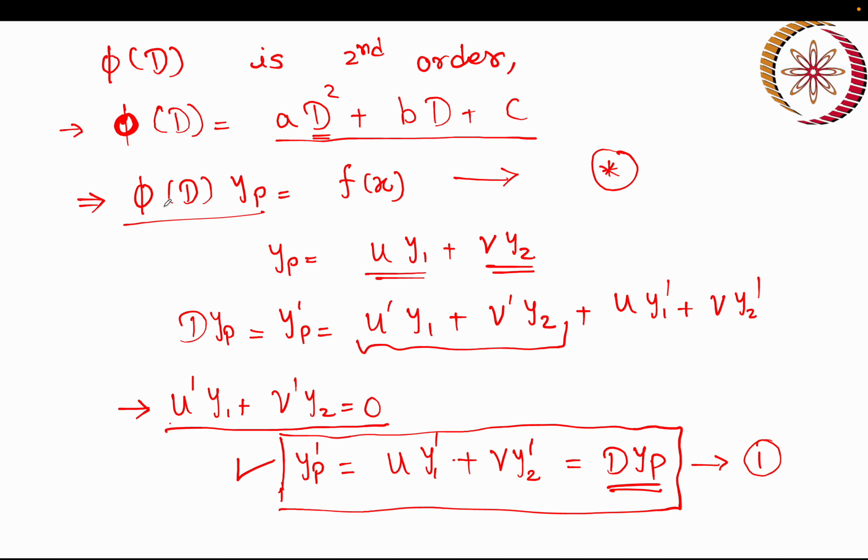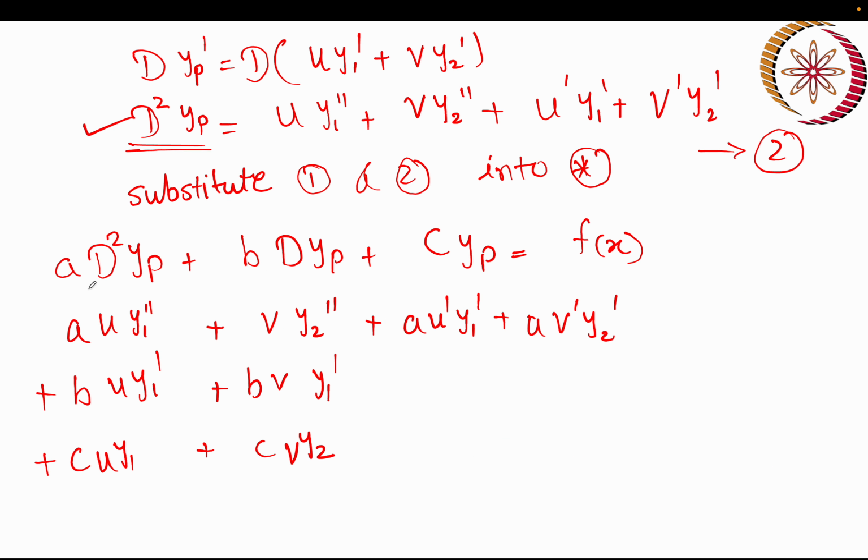Okay, you can practice it once again, but I will just show you what is happening here. You can see that these three terms have u in common and these three terms have v in common, and the right side is just f of x.